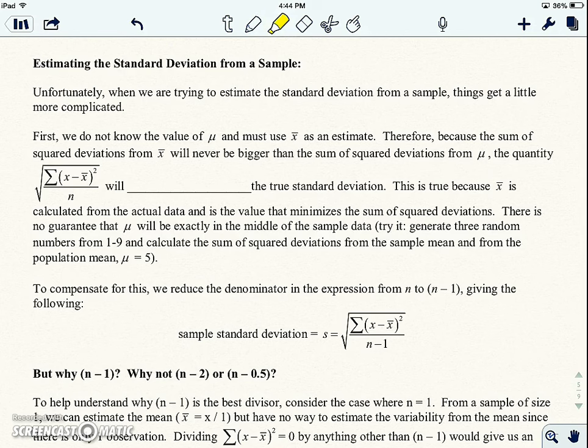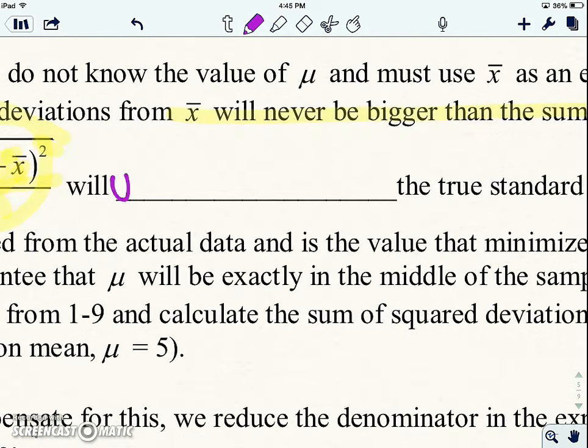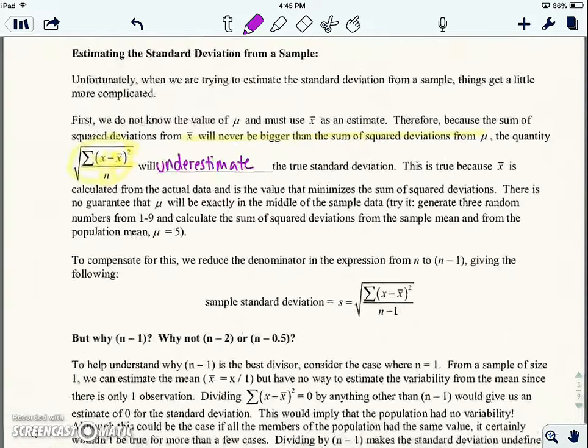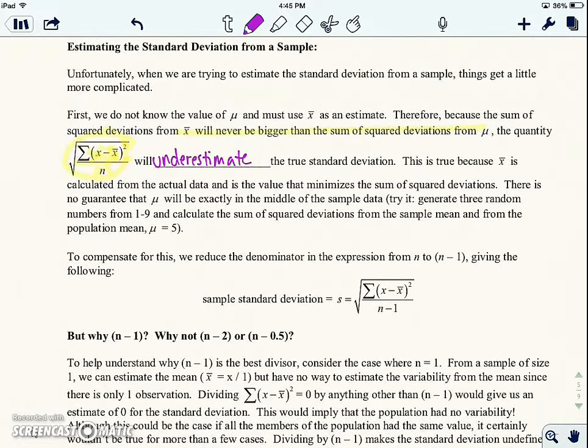Therefore, because the sum of squared deviations from x bar will never be bigger than the sum of the squared deviations from mu, think about that, the quantity, which is our standard deviation formula here, the square root of the sum of the differences from the mean squared over n, will underestimate the true standard deviation. This is true because x bar is calculated from the actual data and is the value that minimizes the sum of the squared deviations.